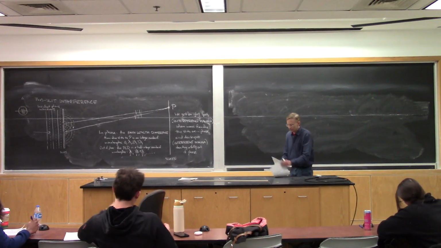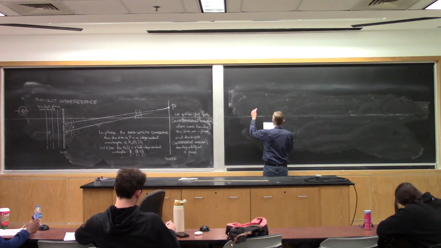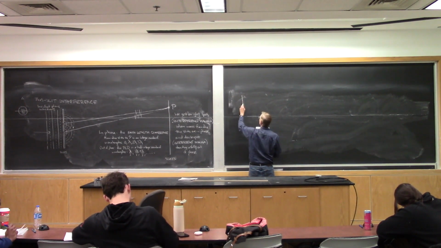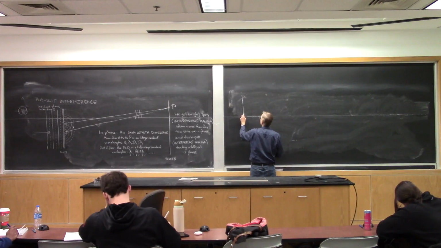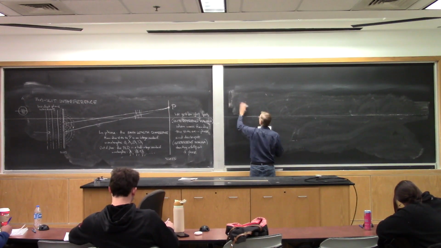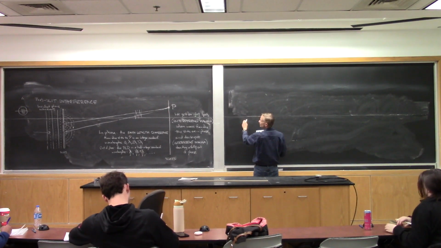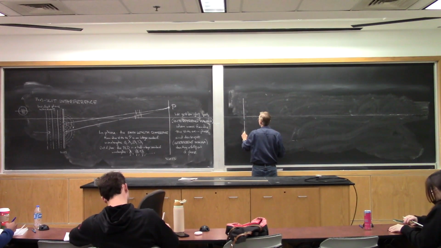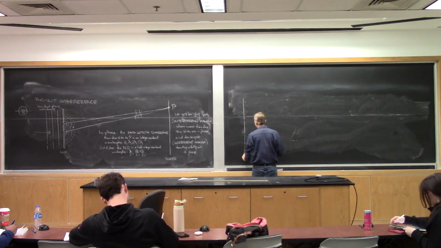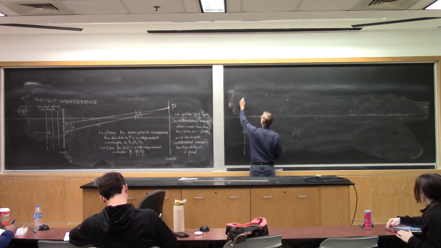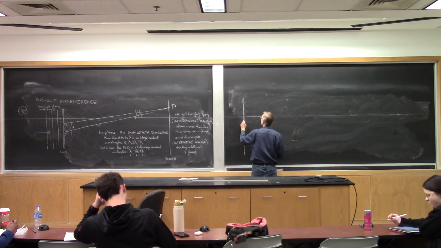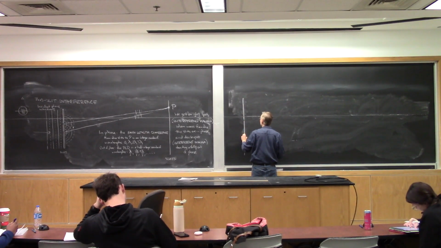So now I'm going to redraw the picture again so that we can zero in on what we need. Here's this thin metal sheet that we cut the slits out of.